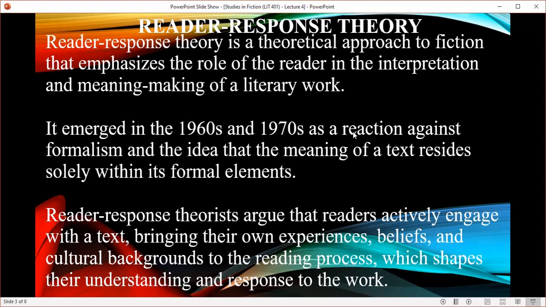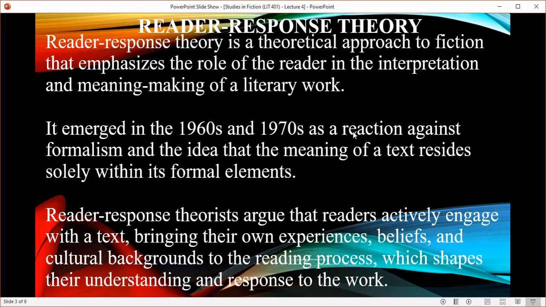Ideas about the author or the reader do not count when it comes to analyzing a text. However, in reader response theory, attention is given to the reader as the interpreter and meaning maker of the literary work.